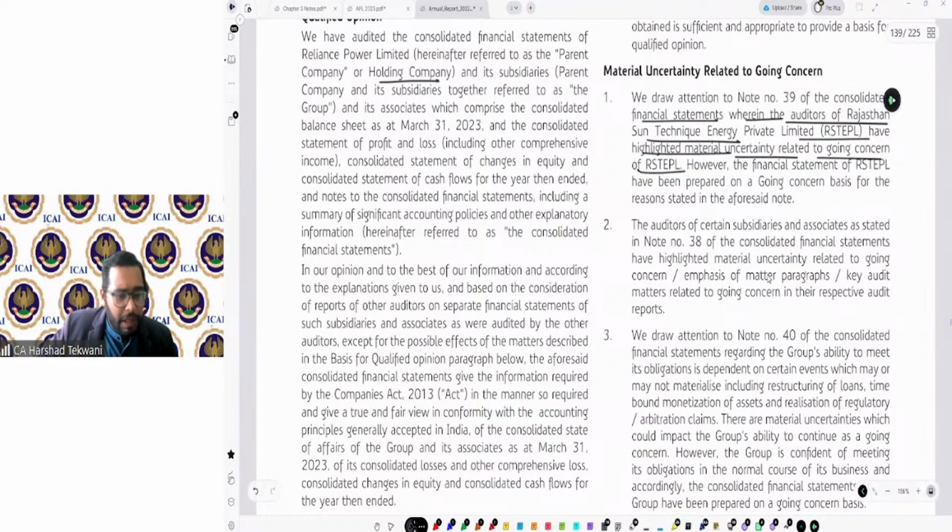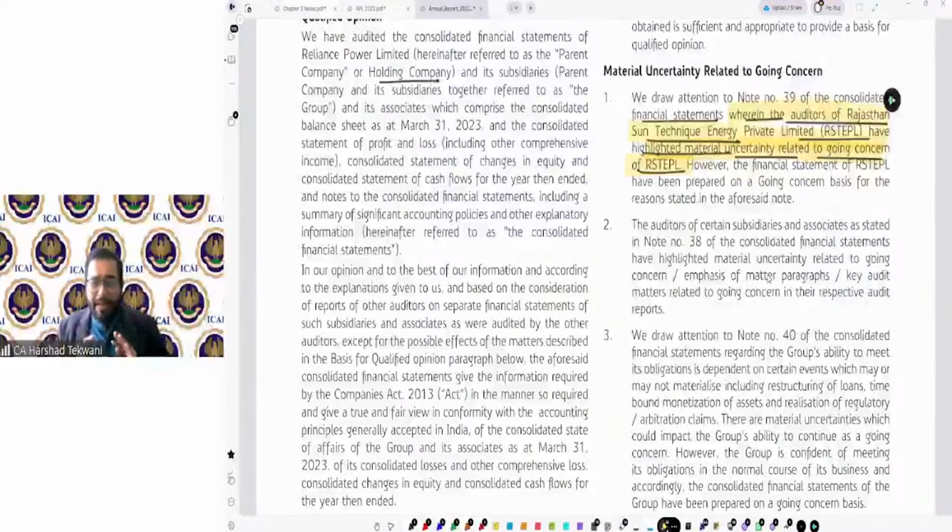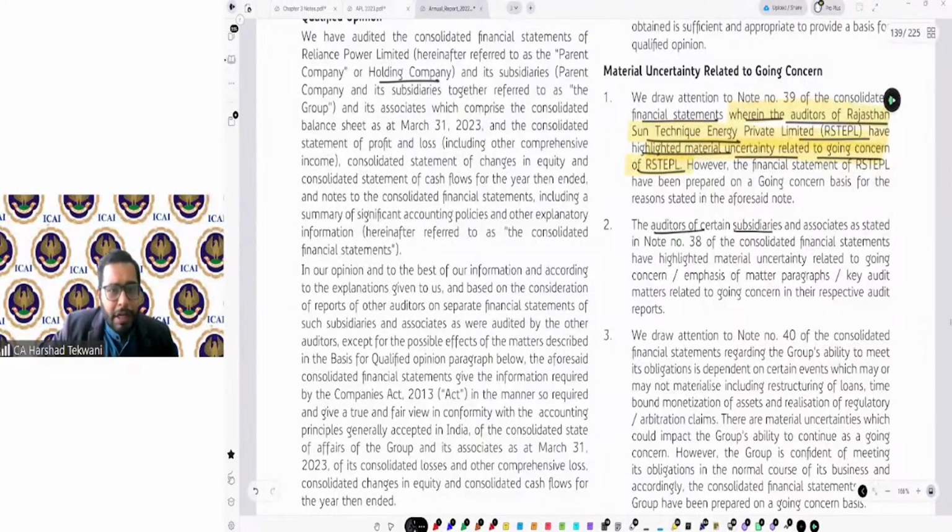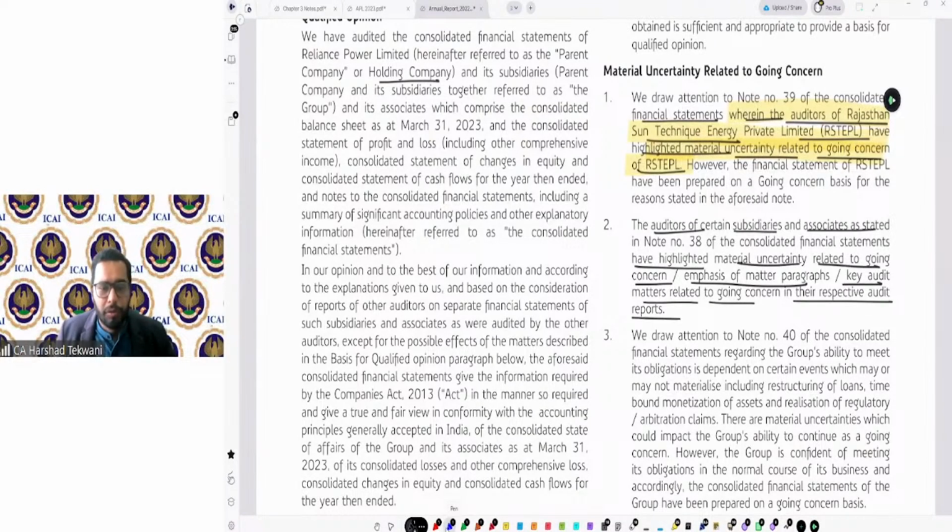See the wording: the auditors of certain subsidiaries and associates have highlighted material uncertainty relating to going concern in an emphasis of matter paragraph or key audit matters in their respective audit reports.